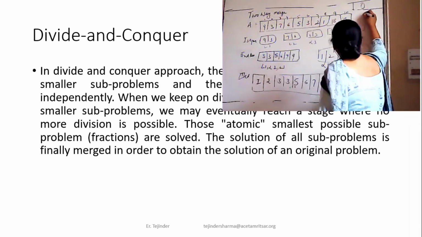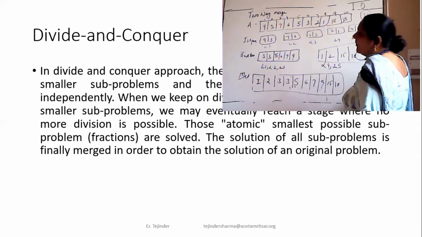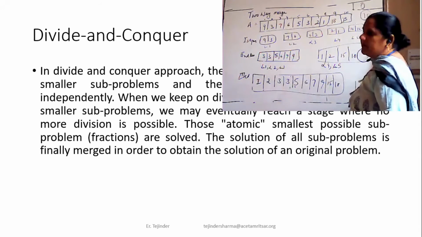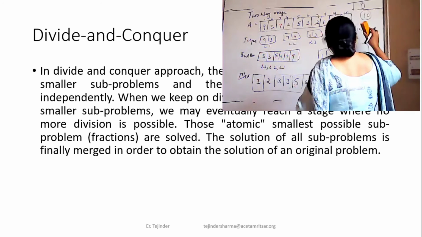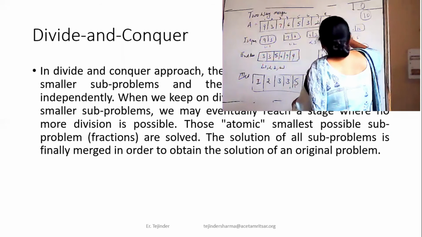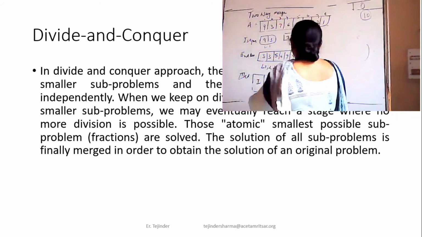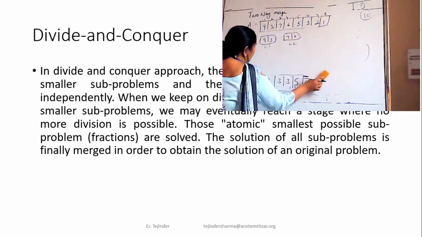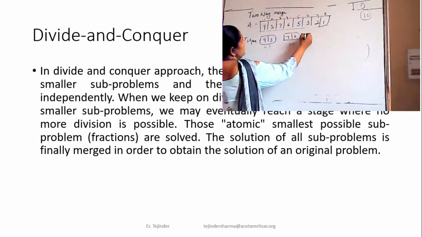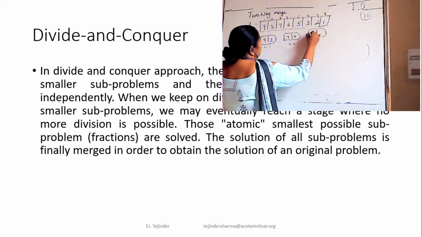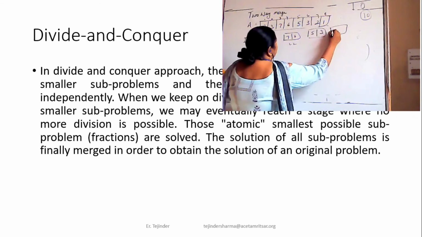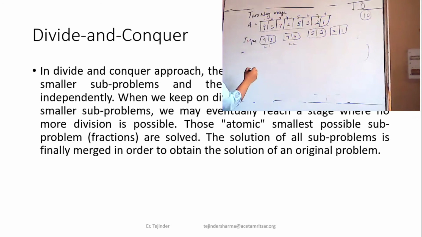How many elements are there? 10 elements. For example, suppose we don't have these two elements. Now what will be the answer? See, I show you how it will be done. 9, 3, 7, 6, 5, 3, then 2, 1. Okay.